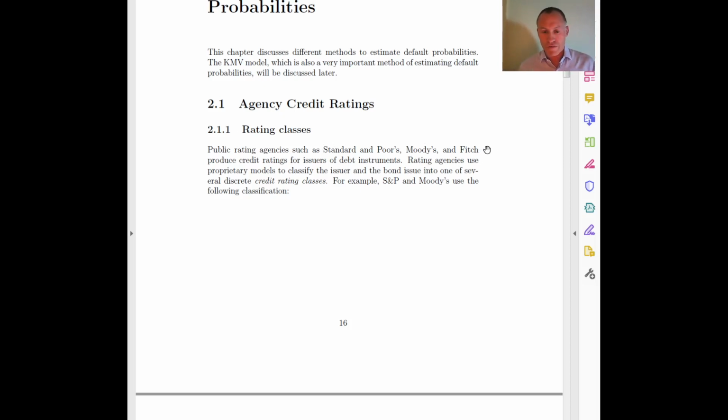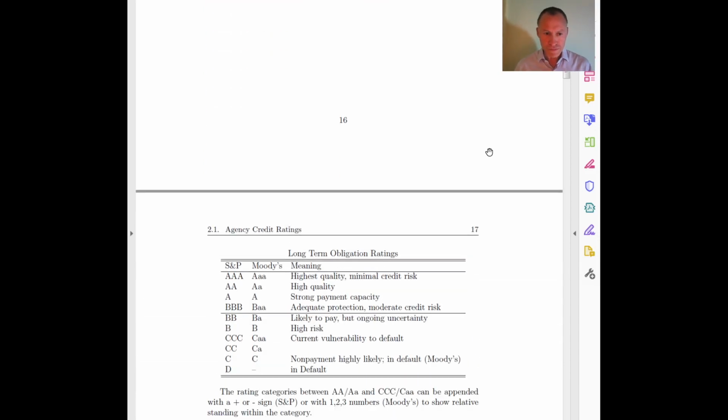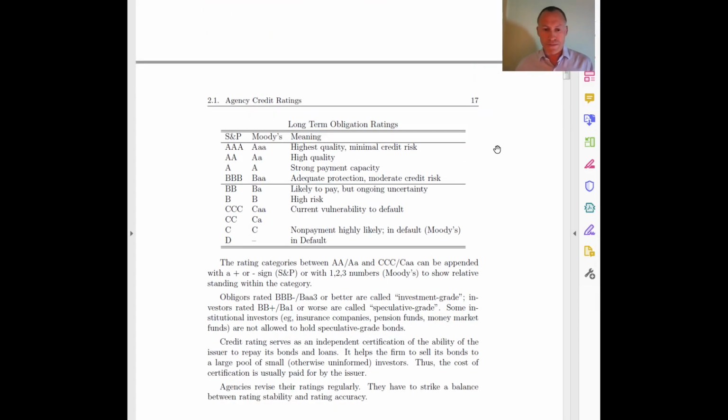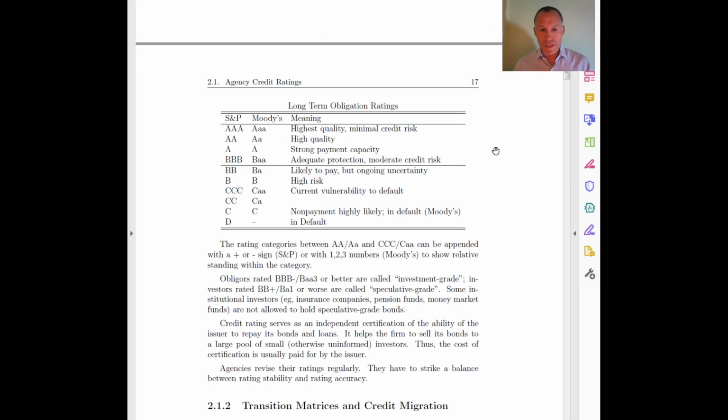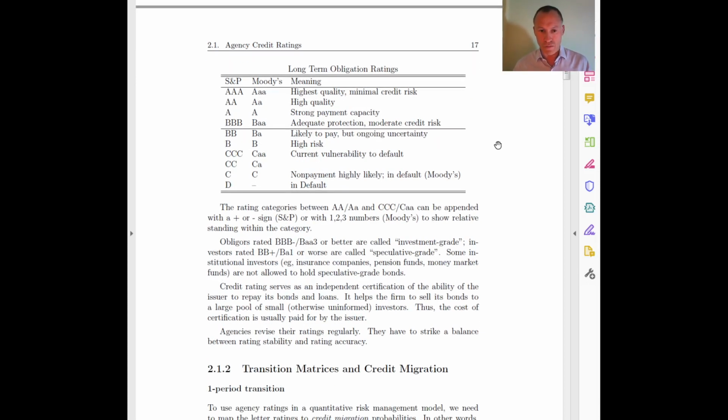Together they have a huge market share, but there are a few more credit rating agencies that have a very small market share. So they assess the credit quality of a given firm, and the output of that work is a letter rating. So they will say that a given firm has a AAA credit rating or a AA credit rating or A credit rating and so on in this scale that you see here.